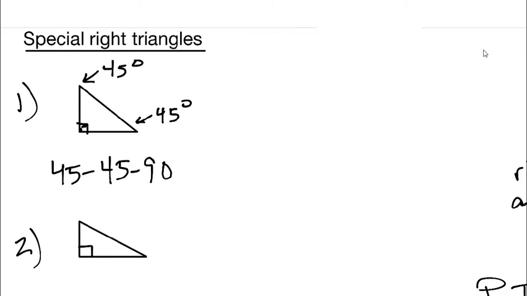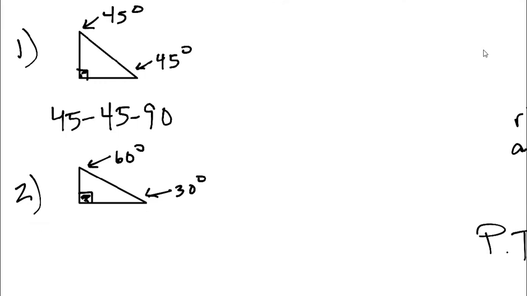This one has a 60-degree angle and a 30-degree angle, and of course the thing in the middle there is a 90-degree angle. What do you think that one's called? If the previous one was called 45, 45, 90, that's right. This is called a 30, 60, 90 right triangle. I'm going to put RT there so you know that I'm talking about right triangles.